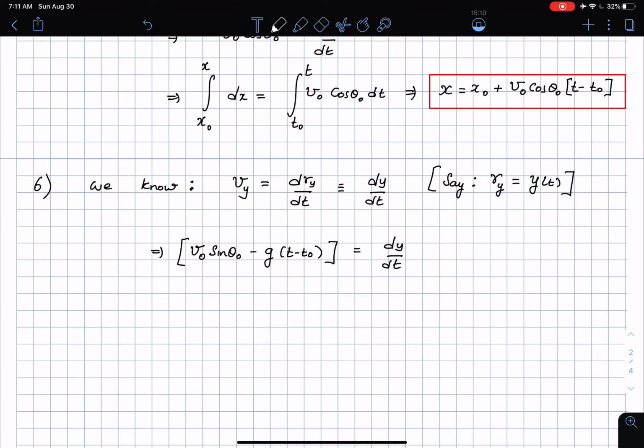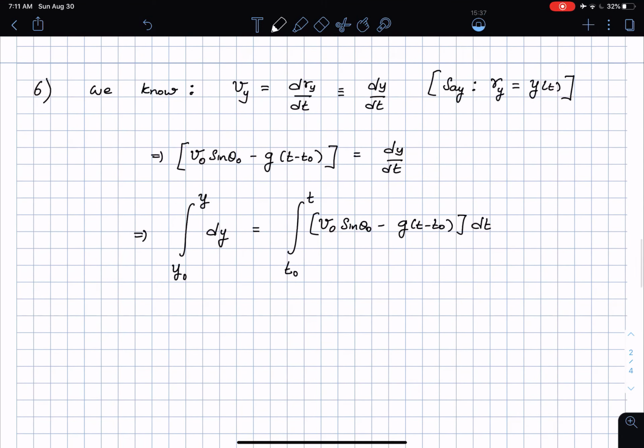Cross multiply and integrate. So this tells me that dy is equal to (V naught sine theta naught minus g times (t minus t naught)), all of this times dt. Integrate this from some initial height to some height y, and from some initial time to some time t.